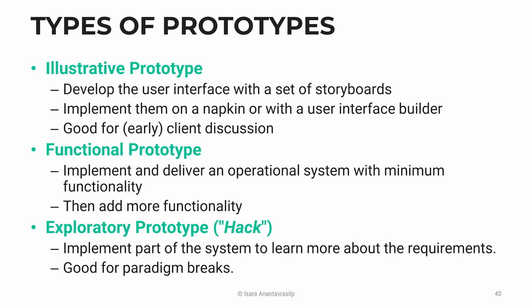Another kind of prototype is the functional prototype. Well, here you actually implement something. You want to make sure that your idea works. You want to make sure that the part of the software that you think is very difficult to implement, or where the customer could have requirements or some problems, like, we want to compute this and that, and we want this kind of output, and you're not sure that you can do this.